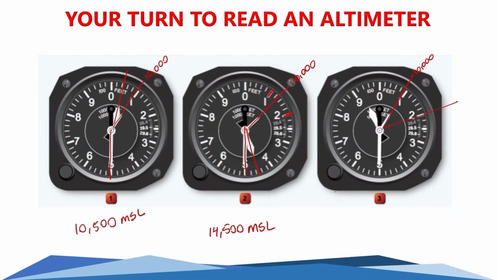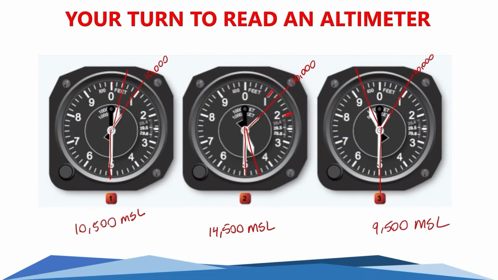It would be basically just shy of that 2. And we can clearly see that that 10,000 foot hand is actually very, very close to the 10,000 foot mark. So looking at my thousandths is right here. So I know I'm above 9,000, but I'm below the 0. And then finally, straight down, that's the 500 mark. So this is 9,500 feet MSL. Okay, good job, everyone.